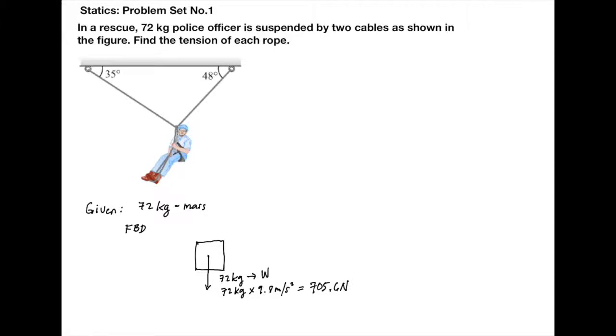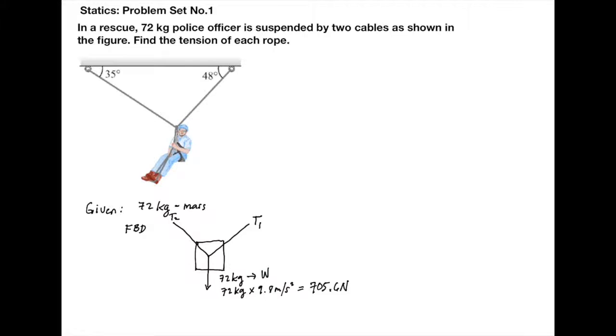Next, we have this rope 1, the tension 1. So the rope 1 will be labeled as tension 1, and the rope number 2 will be labeled as tension number 2. Now we have to take note that the tension 1 has X and Y component.